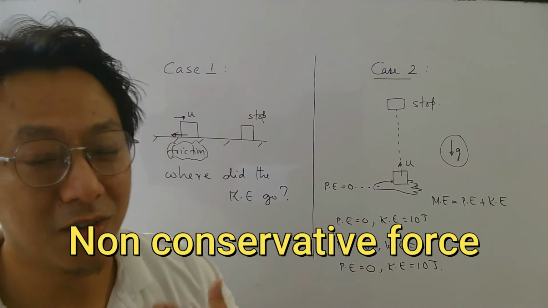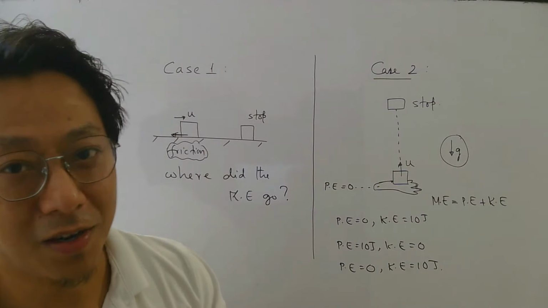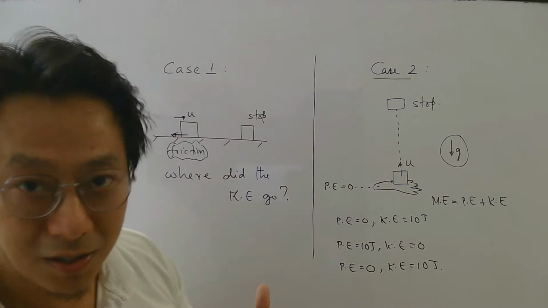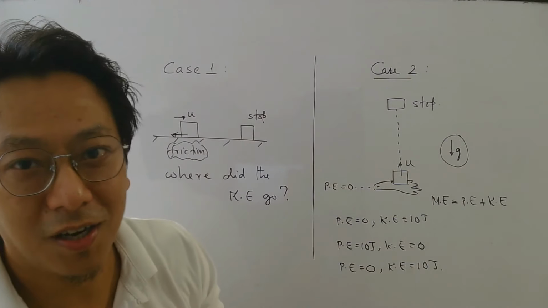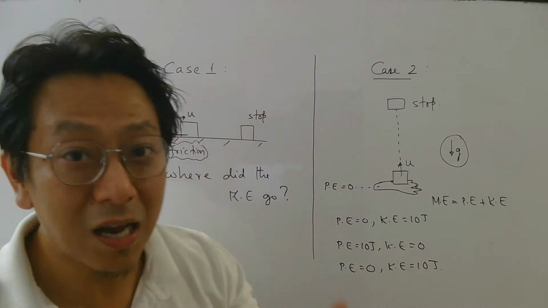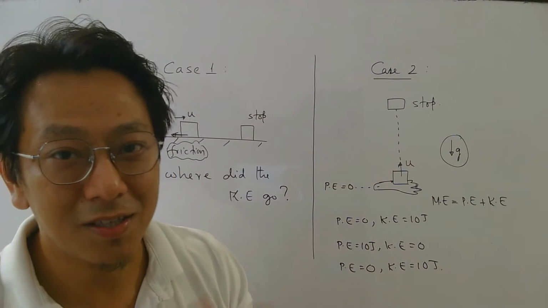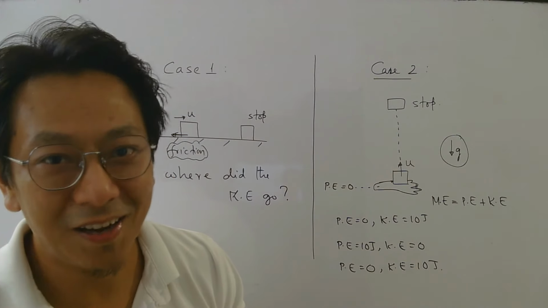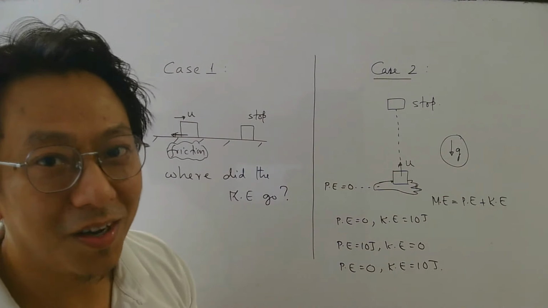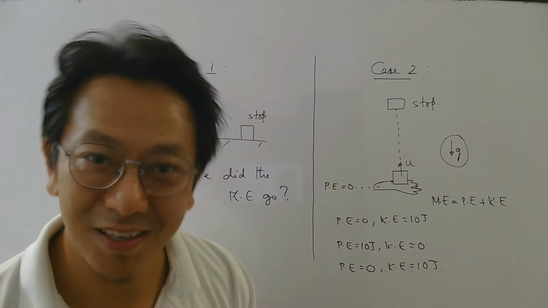So friction is what we say a non-conservative force. Because kinetic energy is lost, it is not stored as potential energy. That's why for friction or any non-conservative force, there is nothing called potential energy, right? You have heard of gravitational potential energy, but you have never heard of friction potential energy, isn't it?